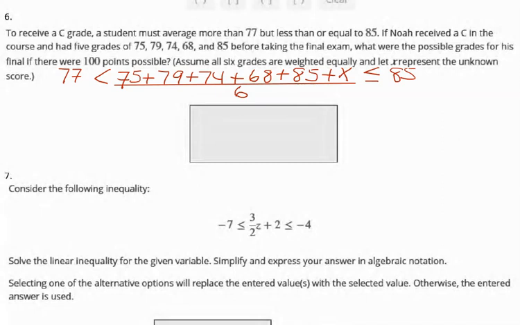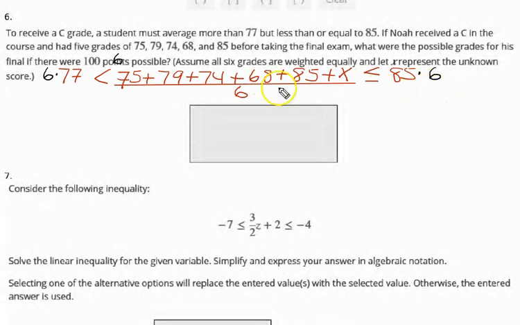Well, keeping in mind that this division bar is a grouping symbol, and in a sense this is all one term. If I multiply this one term by 6, these 6's will cancel out. But since I multiplied this by 6, I have to also multiply this by 6 and multiply this by 6.